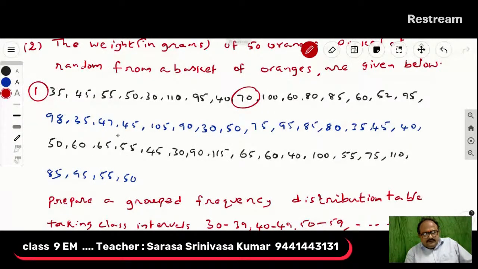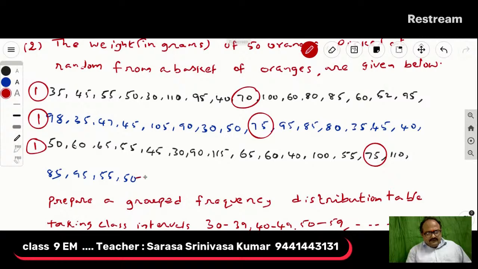Next, 70 to 79. This is the second. So one orange in the second row. Next, the third row. In the third row, 75 grams. This is 1.